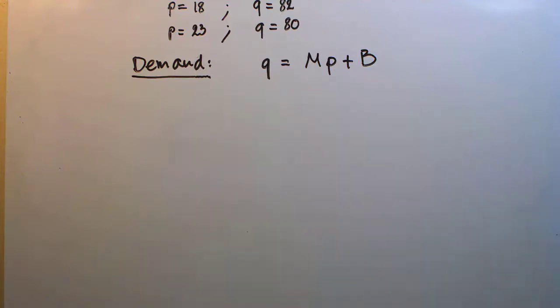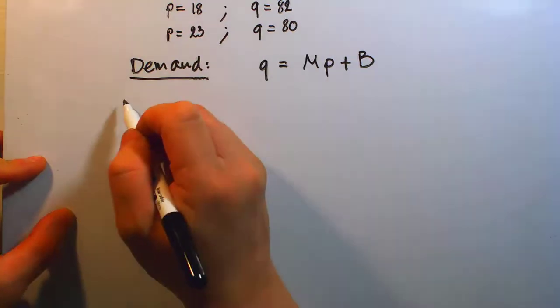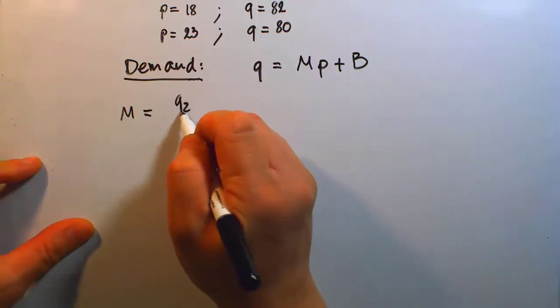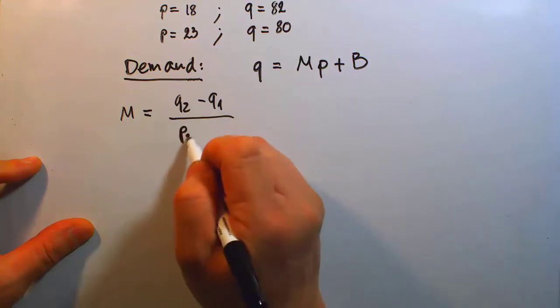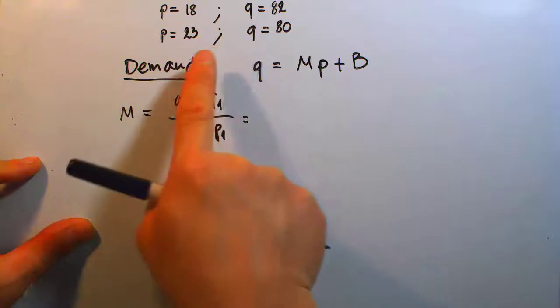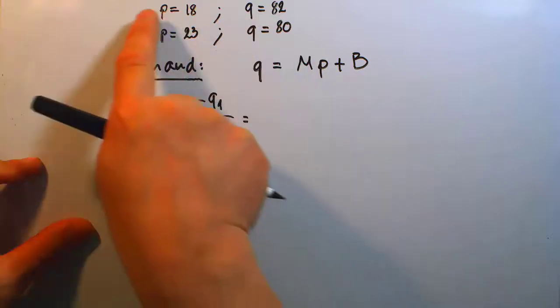In this case, our slope for the demand equation, capital M, equals Q2 minus Q1 over P2 minus P1. Out of these two pairs, you can choose whichever pair is P2 Q2 or P1 Q1. Make sure they just go in pairs. That's all it needs.